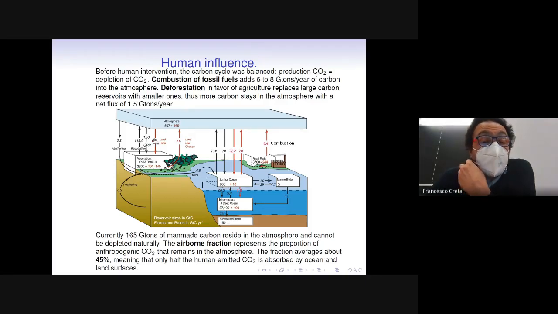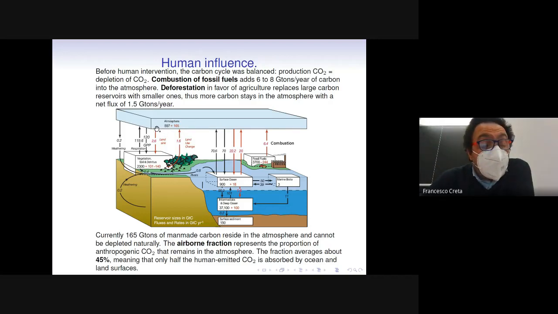Okay, this is another depiction of the same kind of thing, where essentially you can see that before human intervention, you had essentially a balanced situation. Okay, the carbon cycle was balanced. So production of CO2 was equal to depletion of CO2. So you would have essentially a constant amount of CO2 in the atmosphere.